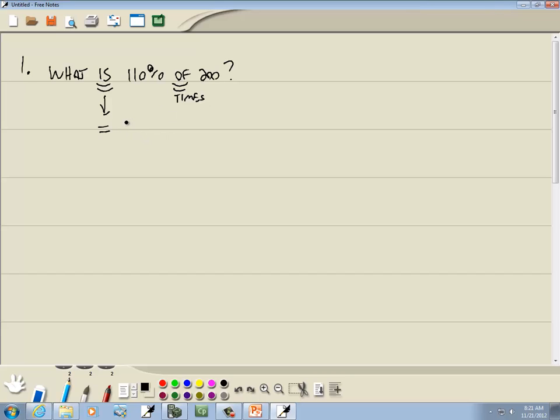So this says 110% times 200. Now over on this side of the equals it says what? Well, that's our variable, that's x. Now we always want to put our percent in decimal form before we do the calculation. To move it to decimal form, you move the decimal point 2 places to the left. This would become 1.1 times 200.